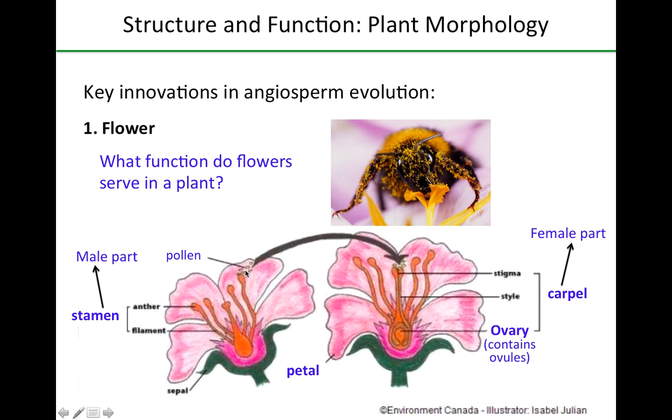If you have an animal carrying your pollen from flower to flower, and especially if that animal happens to be pretty specialized and is going from a flower of your same species to another flower of the same species, then this is a much more efficient way to deposit pollen than relying on the air or the wind to carry pollen to another member of the same species. So, a much more efficient way of dispersing male gametes.